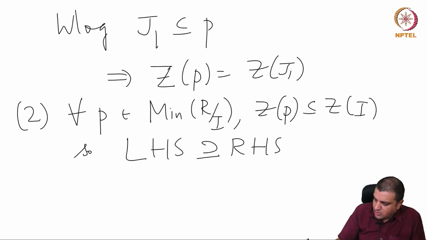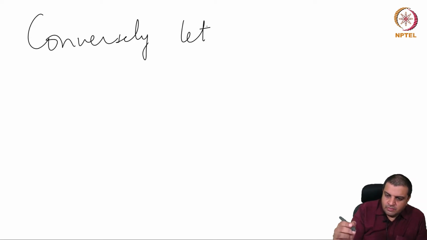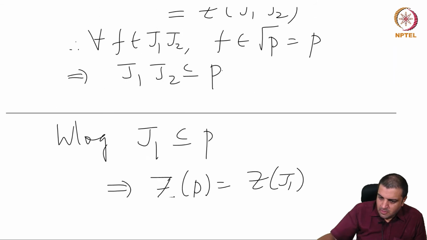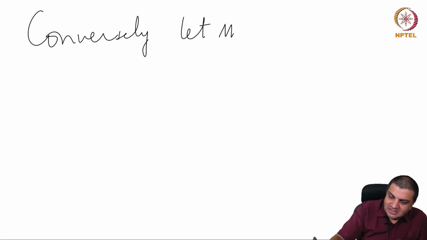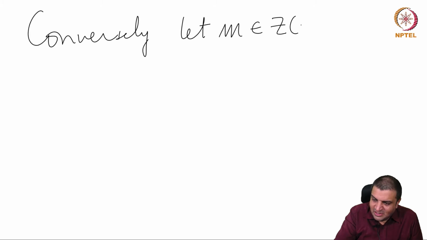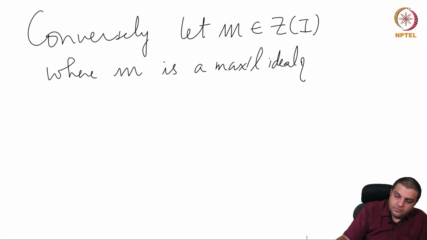now we need to show that Z of I is inside the union, that every point in Z of I is inside Z of P for some P. So conversely, let M be in Z of I, where M is a maximal ideal of R. Here again it's an abuse of notation.